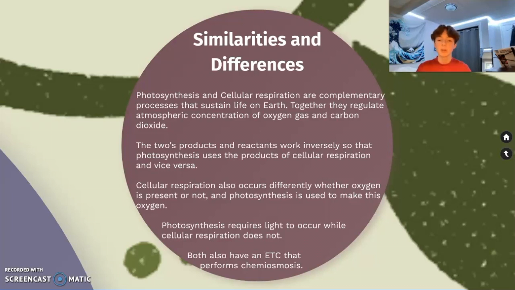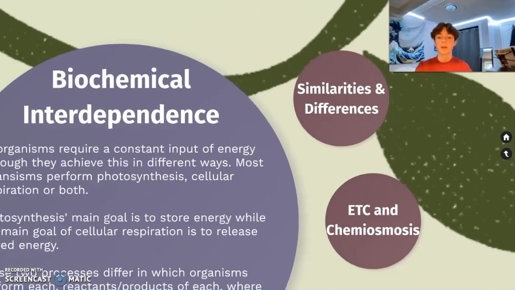Cellular respiration occurs differently whether oxygen is present or not, while photosynthesis is used to make this oxygen. It also does not require oxygen, so it can happen whether or not oxygen is present. Photosynthesis requires light, while cellular respiration does not have the chlorophyll that requires light to excite the electrons. Both have an electron transport chain that performs chemiosmosis, which we're going to elaborate on next.